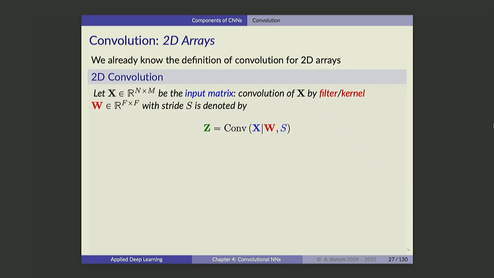So convolution is basically what I showed you. This is exactly the same definition. If you're talking about convolution on image or data X, sample X, and then you have a particular filter W, then you can do it with a stride S, and out of it you're going to get another feature map, right? Now, in the previous slide, I told you that we have an n by n matrix.